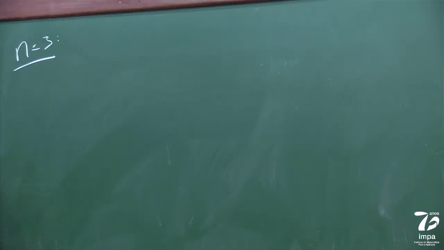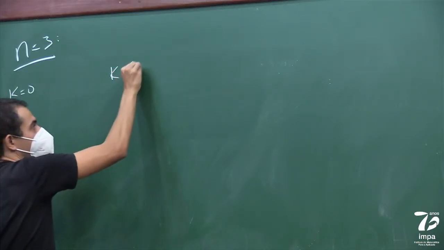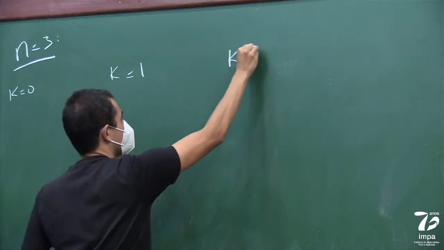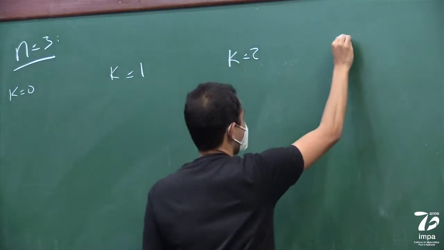So in 3 dimensions, we're going to have 4 kinds of handles. So we have k equals 0, k equals 1, k equals 2, and k equals 3.